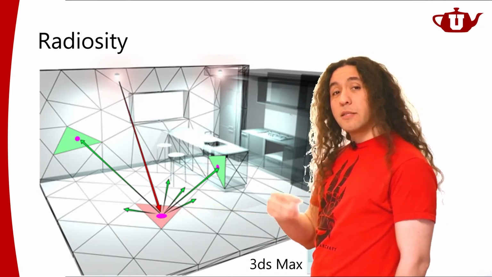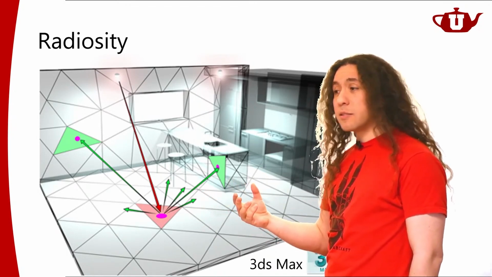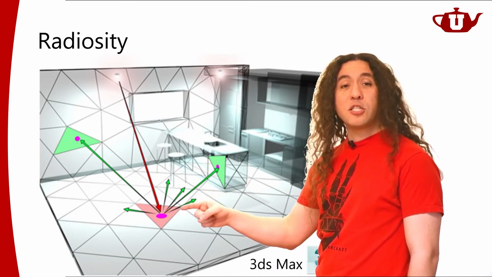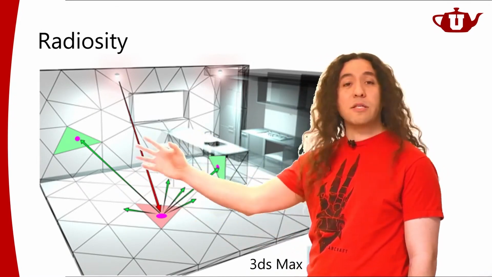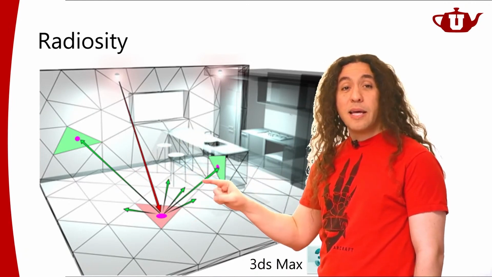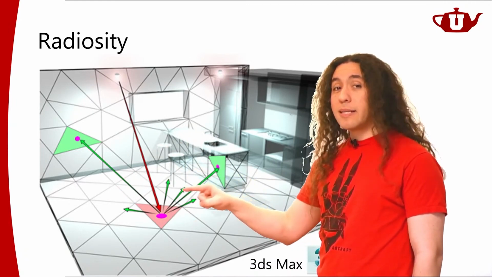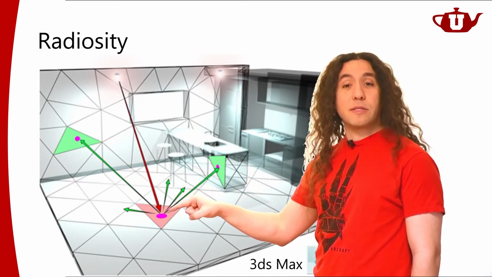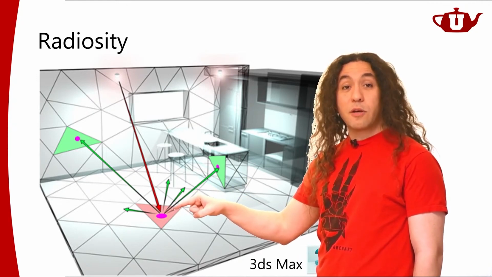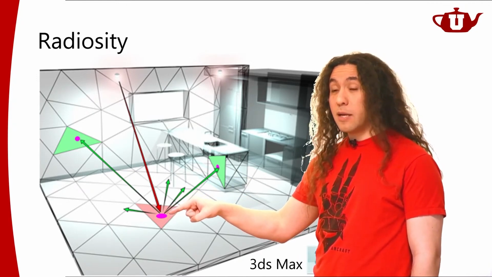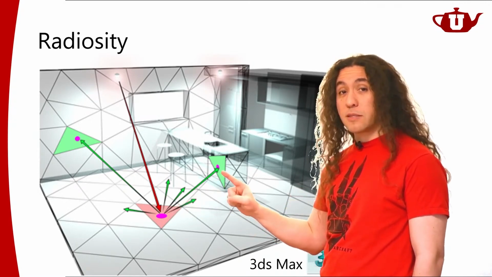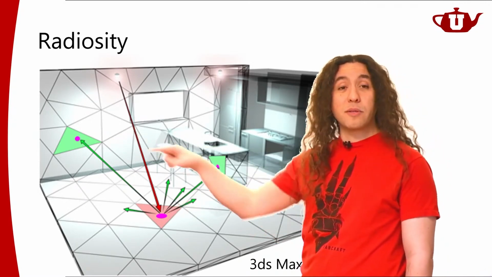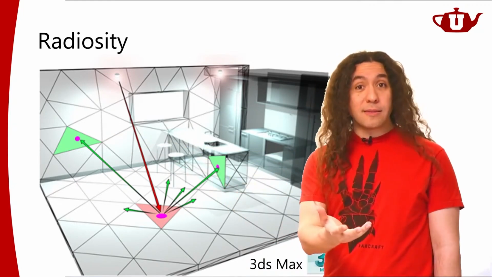So Radiosity tries to compute how much any other discrete surface piece in the scene is affected by the light coming to this surface. If I have more light coming to that surface, I'm going to have more reflected light off of it. That means all other surfaces here, like these two green examples, will receive more light.